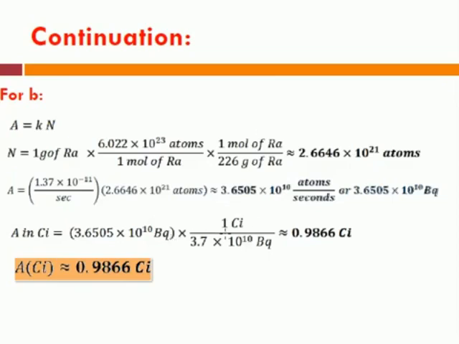In 1 curie, we have 3.7 times 10 raised to 10 becquerels. So cancel the becquerels here. So the unit will be in curie. So approximately, we have 0.9866 curie or 0.99 curie. So that is the answer for letter B.